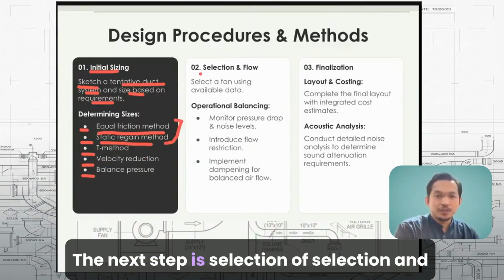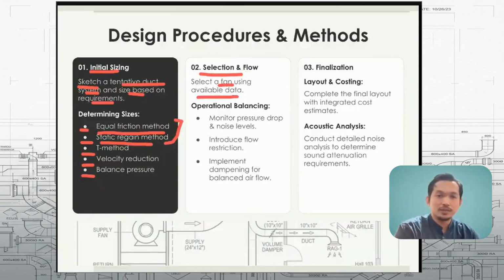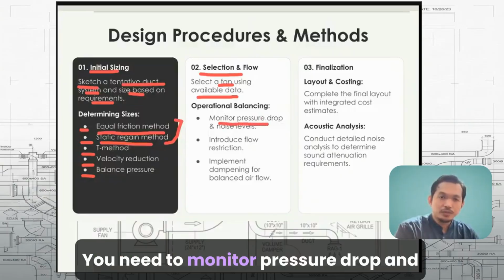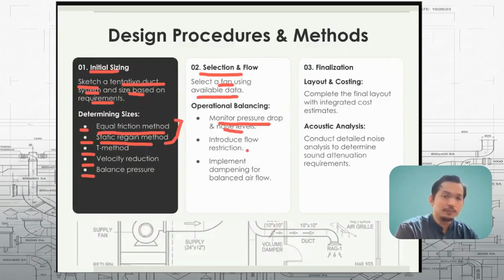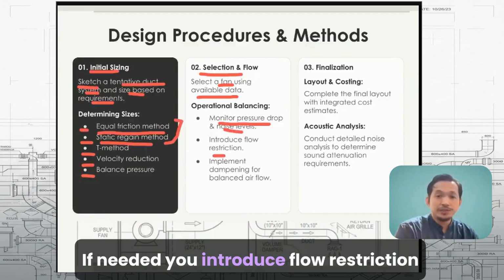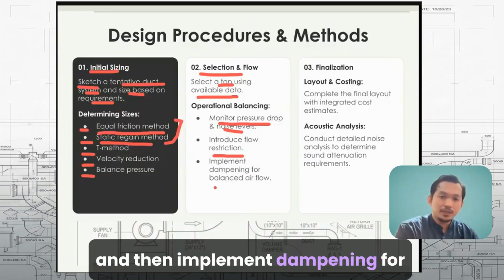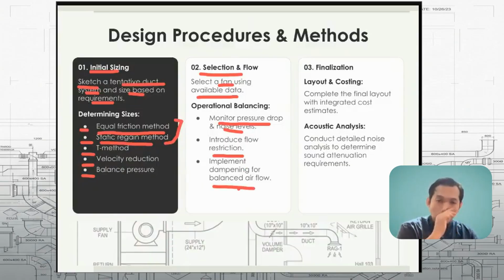The next step is selection and flow. You select the fan using the available data. Then you do some balancing. You need to monitor pressure drop and noise level, whether it's acceptable or not. If needed, you introduce flow restriction and then implement dampening or dampers for balanced airflow.